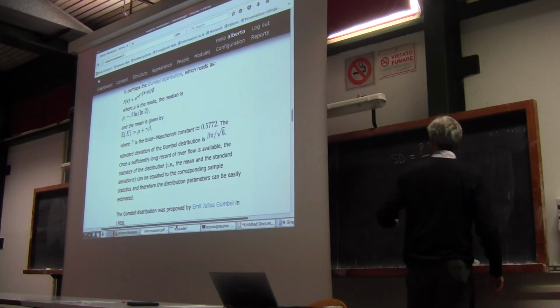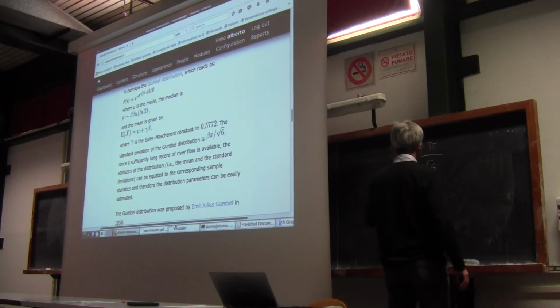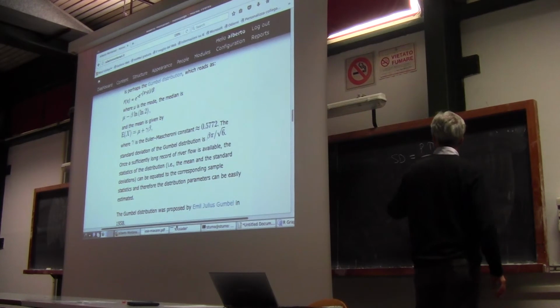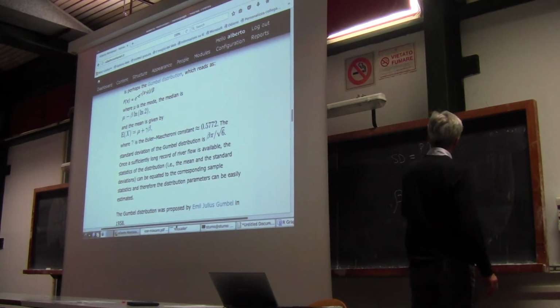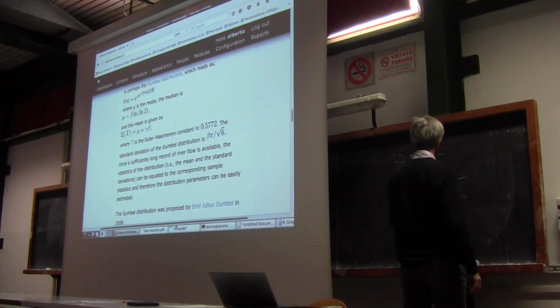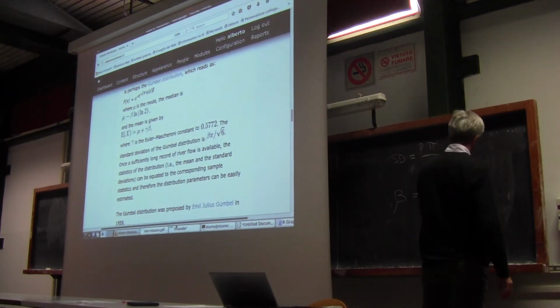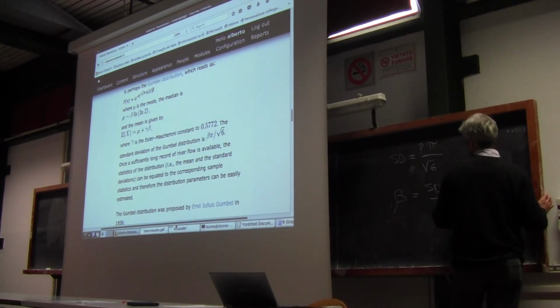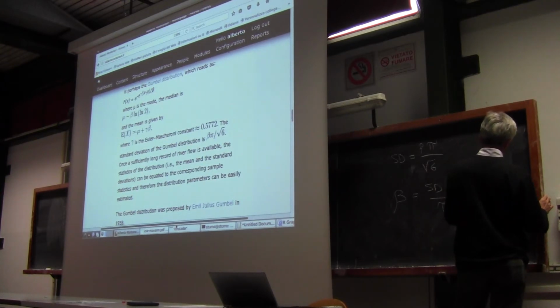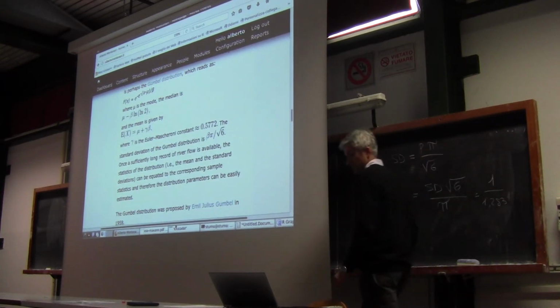Now I want to compute beta, so beta is equal to the standard deviation multiplied by the square root of 6 divided by pi. This should be equal to, if I remember well, 1 divided by 1.283.